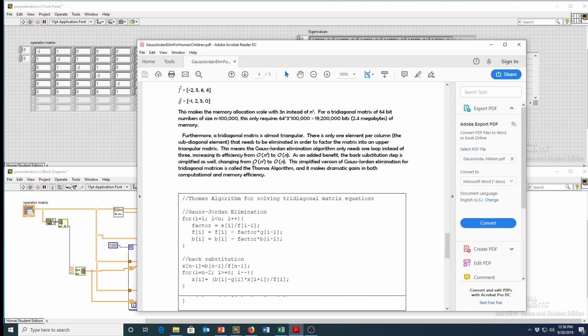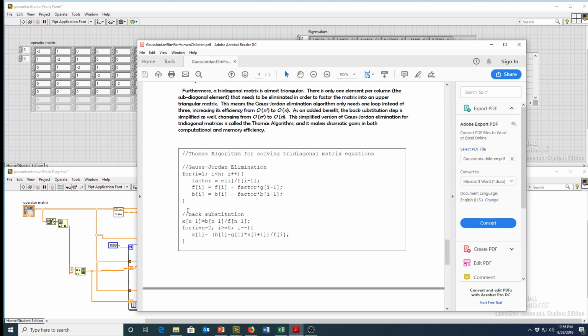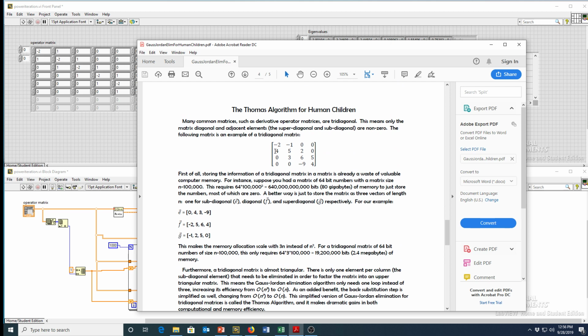So this is the entire Thomas algorithm here. Here is your Gauss-Jordan elimination. You just go through and you're factoring these out, which is the E vector.